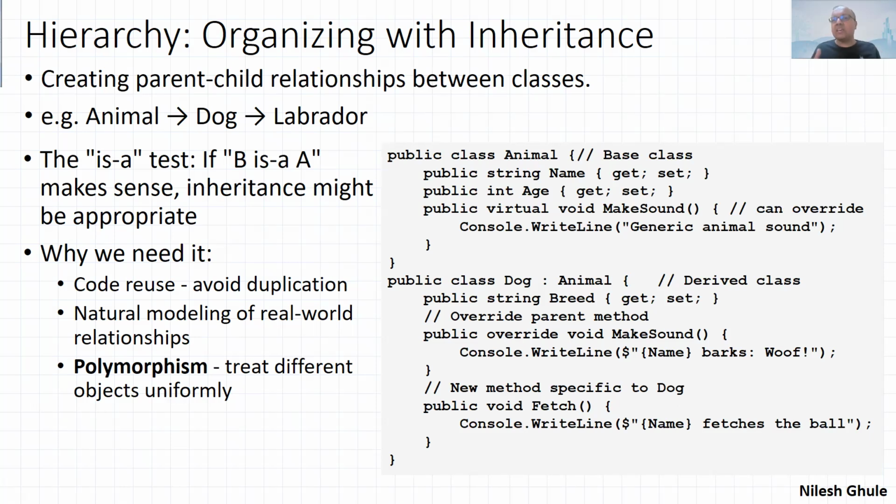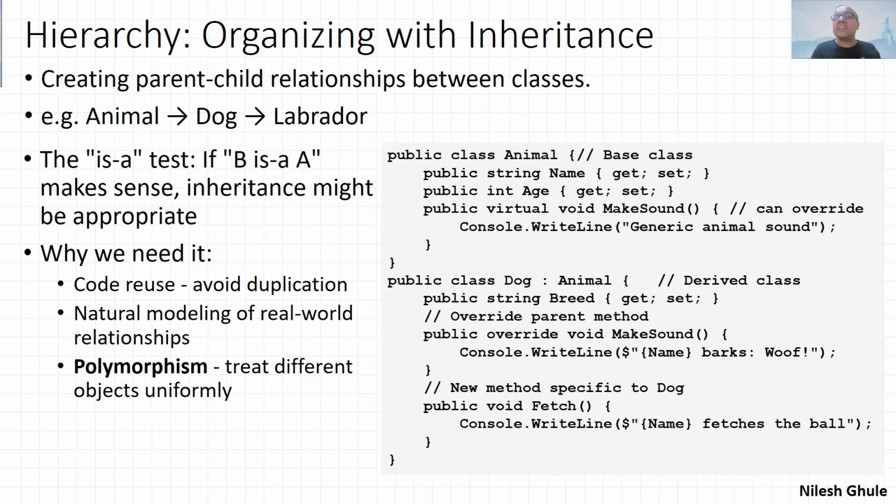The hierarchy can be an is-a hierarchy or a has-a hierarchy. There are other types of hierarchy as well, but for this video, let us focus on is-a and has-a hierarchy. Typically, the is-a hierarchy we call inheritance, and for the has-a hierarchy we usually talk about composition or association. Let me talk about inheritance.